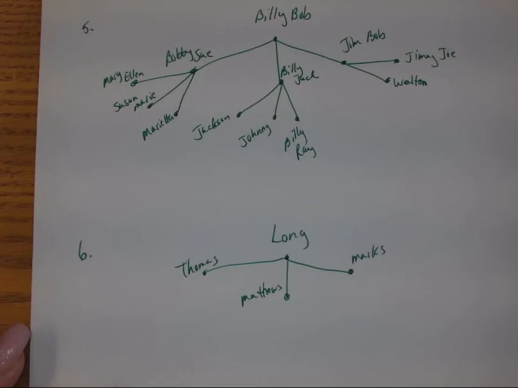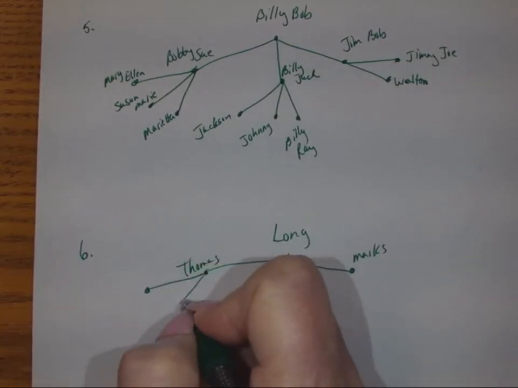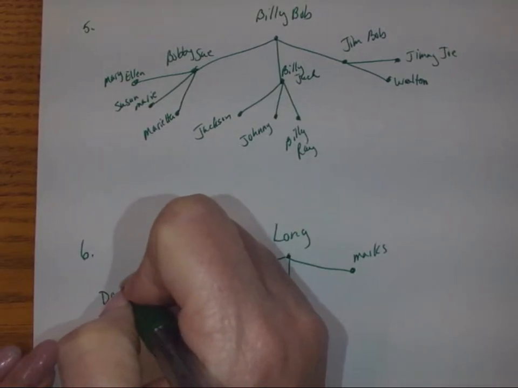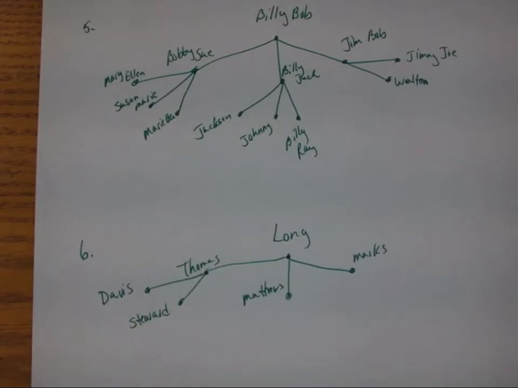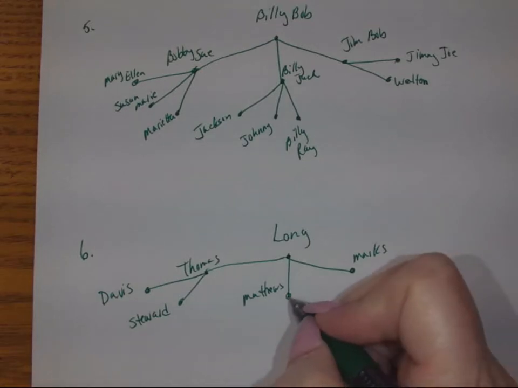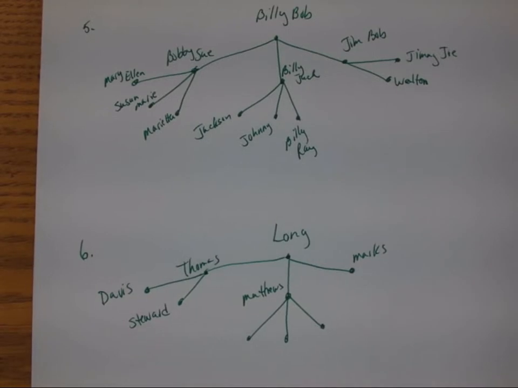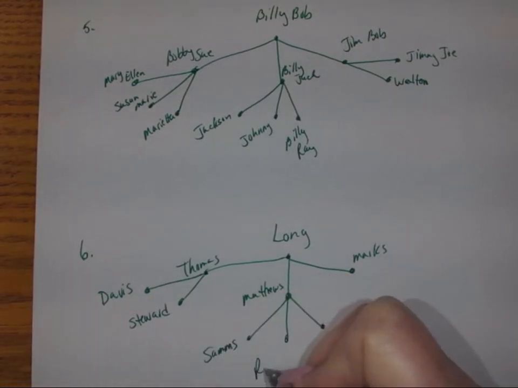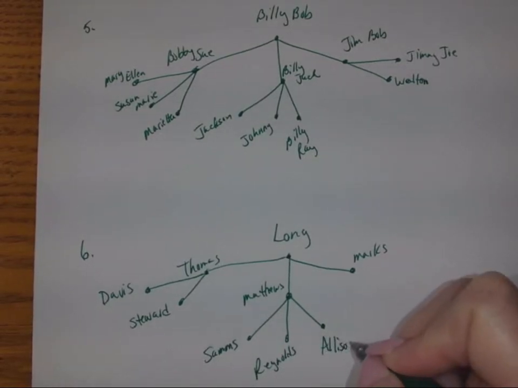And Thomas has 2 different assistant department chairs. So he has 2 assistants, and those are Davis and Stewart. And then Matthews supervises 3 assistant department chairs. So he has 3 coming off of his, and those 3 department chairs are Sams, Reynolds, and Allison.